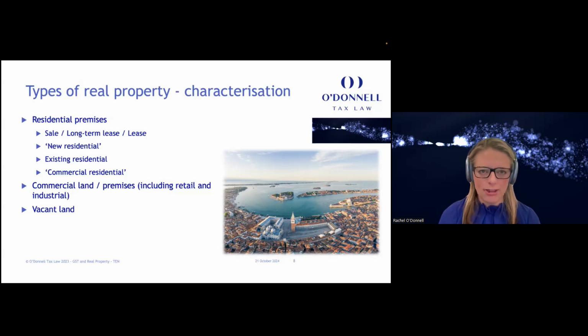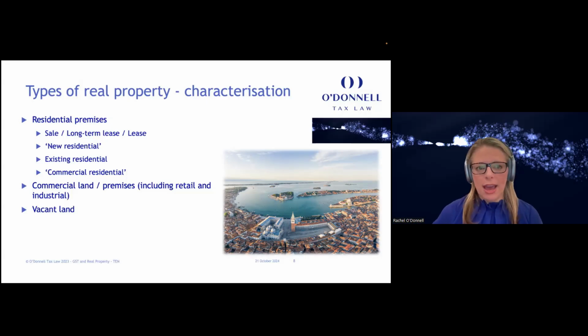And again, there's a lot of guidance on that point. So if you slap a coat of paint on a property, that's not going to make it new residential premises. But if you almost tear the whole thing down, but leave a few little bits and pieces up, then it will be substantial renovations and you will have new residential premises. And so it becomes a question of exactly where that line is drawn for the purpose of that analysis.